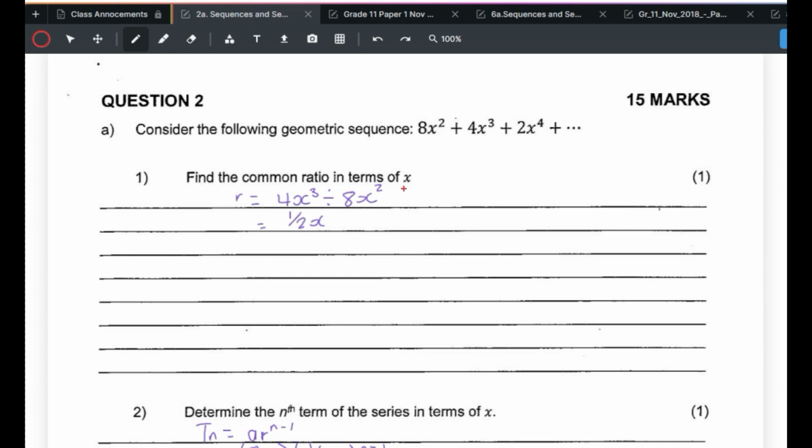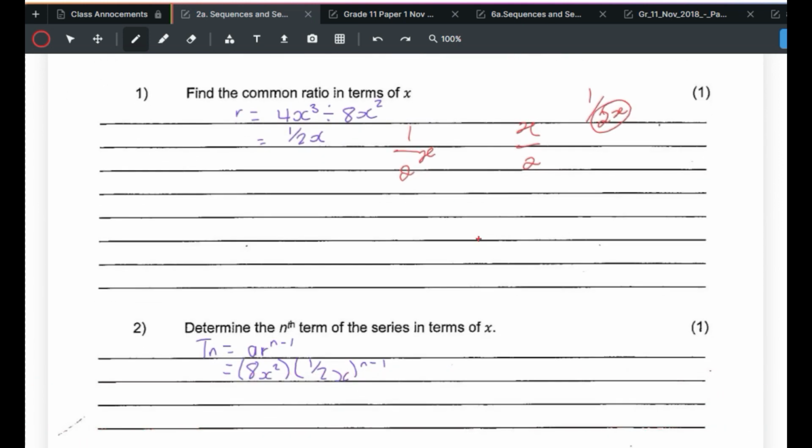So your answer was half x. Yeah, it's correct. Maybe as you wrote it, it looked like it was 2x in the denominator. You get what I mean?